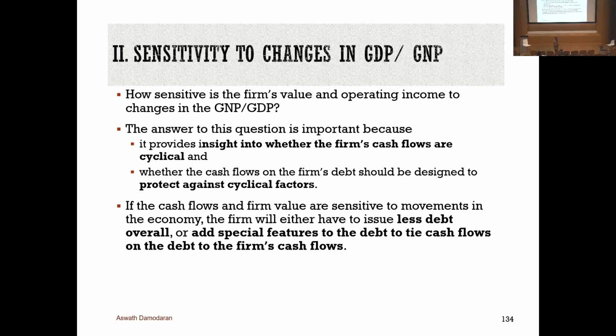If you run a regression of your company's income and value against real GDP, if your company is cyclical, you should see a big positive coefficient. Do you see why? When the economy is doing well, you should expect to make more money and be worth more. If you're not cyclical, the coefficient should be close to zero.